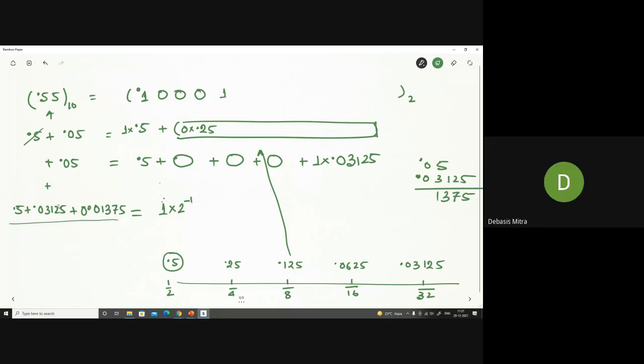This will be 5, 2, then a 6, and 1, 2, 5. So 8, 1, 2, 5. Will it not be 0, 8, 1, 2, 5 or something like that? This one, no? 0.05 plus 0.3125. So this 125 will come, then 538.